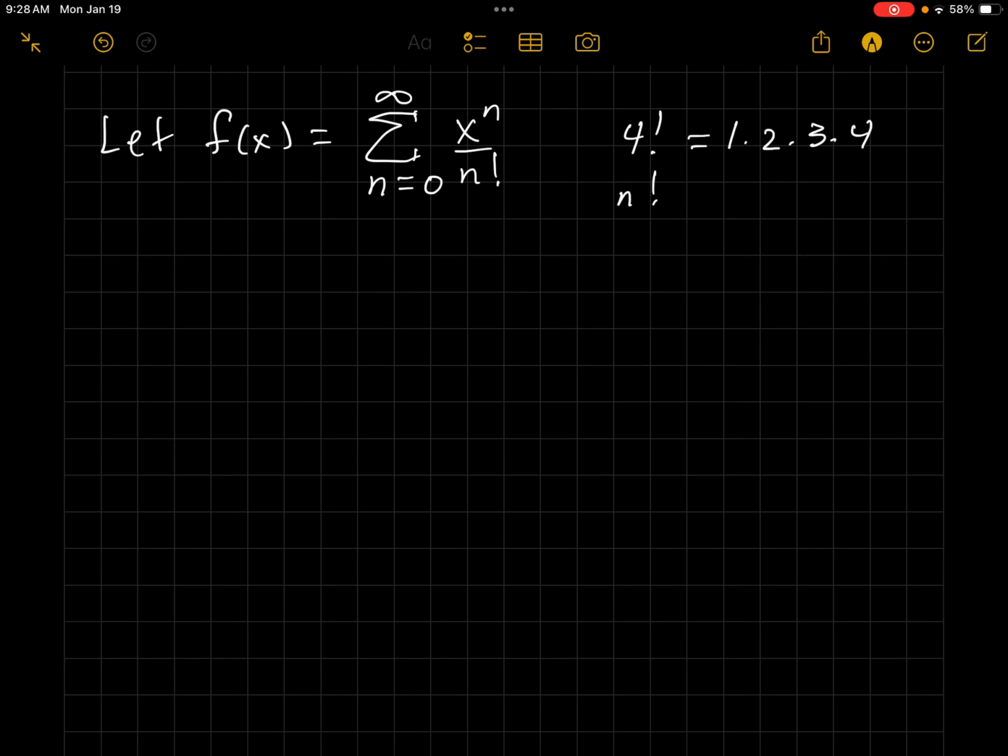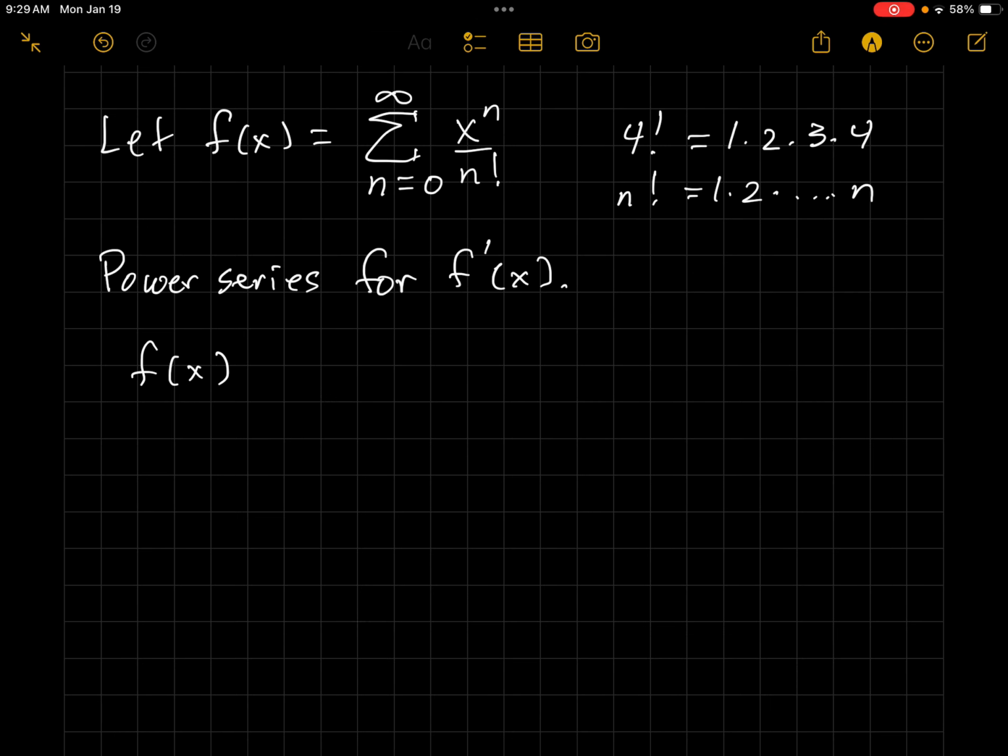N factorial equals 1 times 2 times all the way out to n. And I want to find a power series for f prime of x. So I'm going to write it out and do it the long way, and then we're going to see if we can do the same thing using our sigma notation.